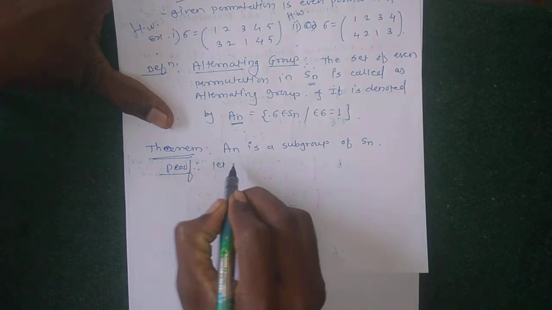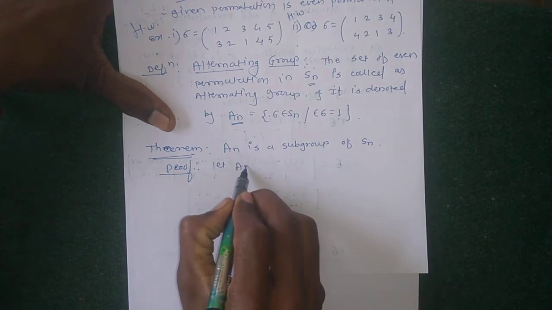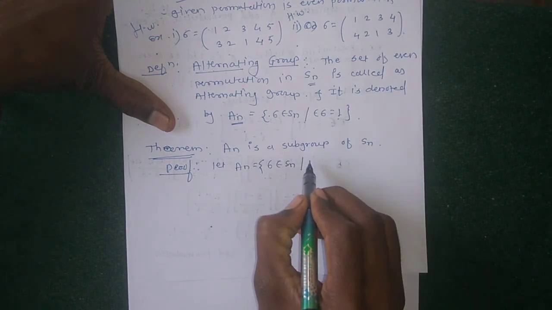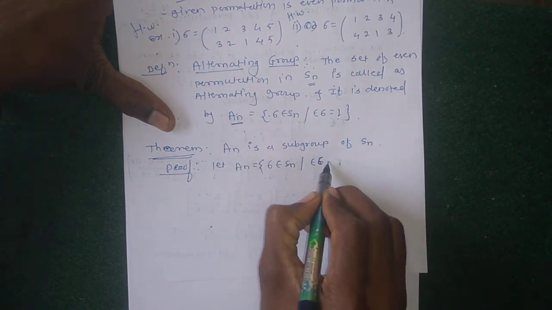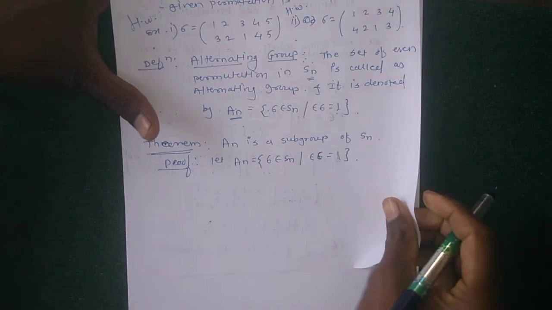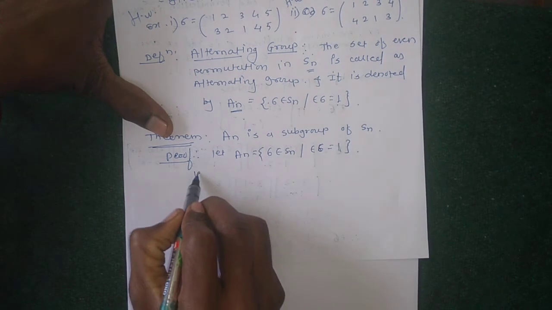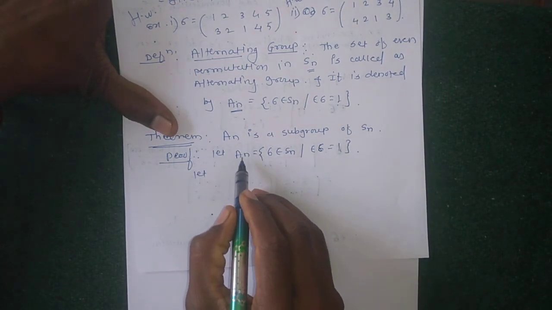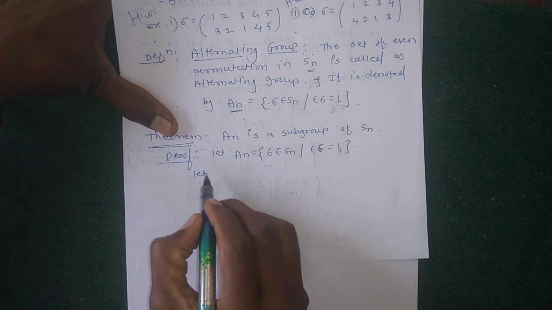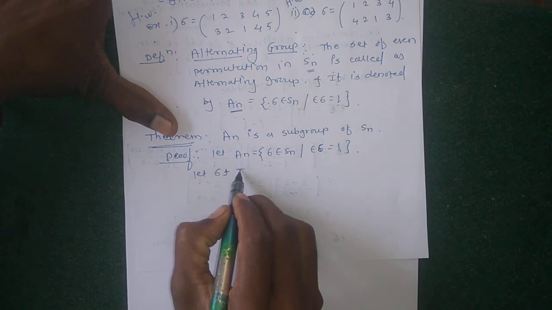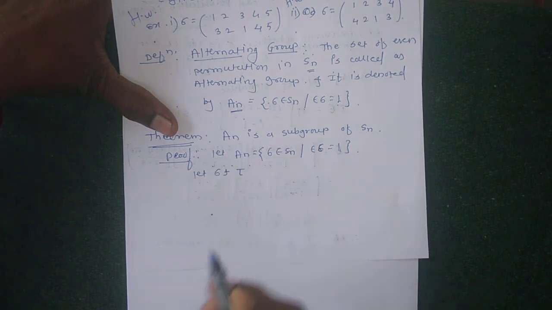Let An be the set of sigma belonging to Sn where epsilon of sigma equals 1, meaning the signature equals 1. Let us choose two permutations from An, suppose sigma and tau.